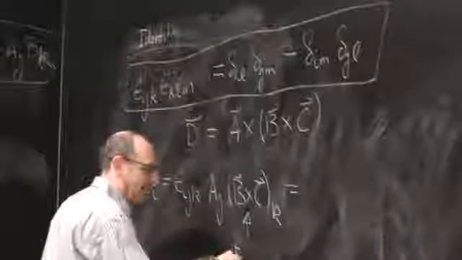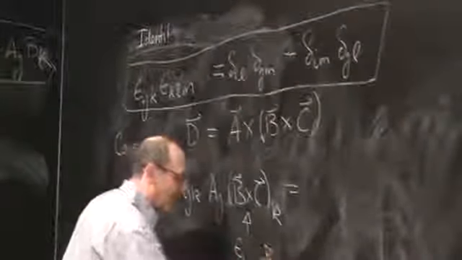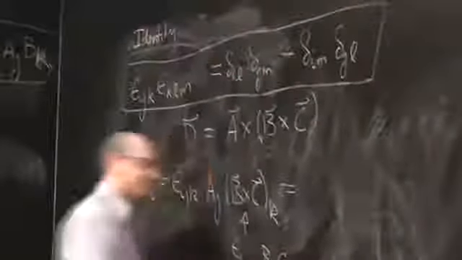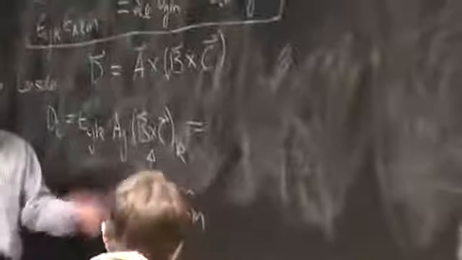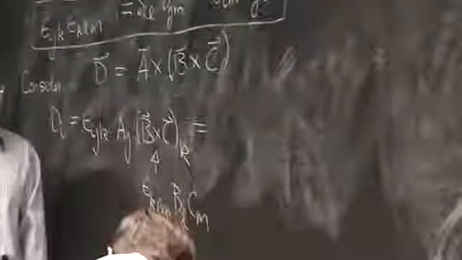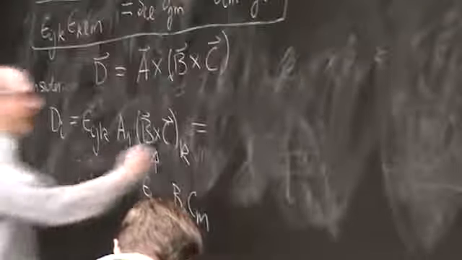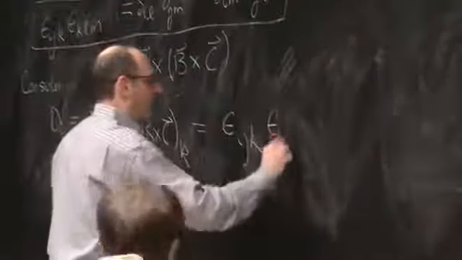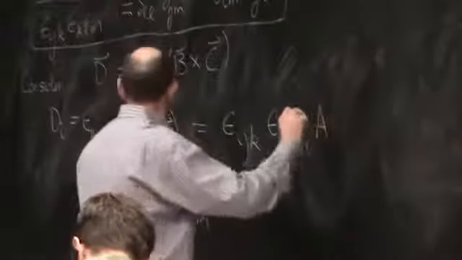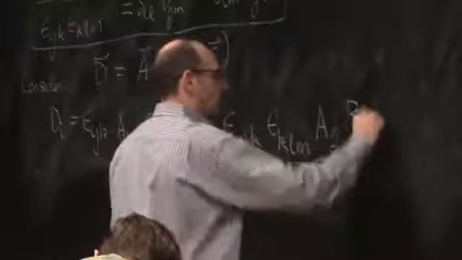That's epsilon klm b_l c_m. Notice, don't use the same dummy index, use a new one. So we got epsilon ijk epsilon klm a_j b_l c_m.